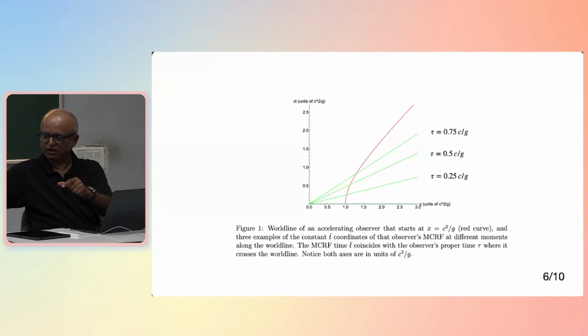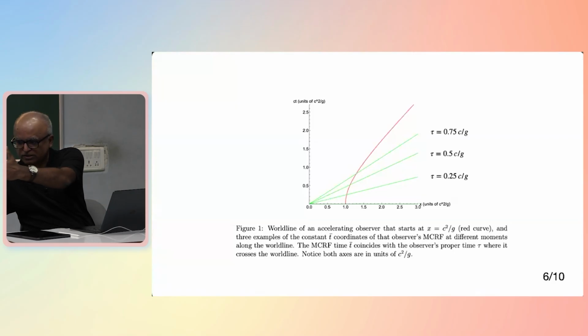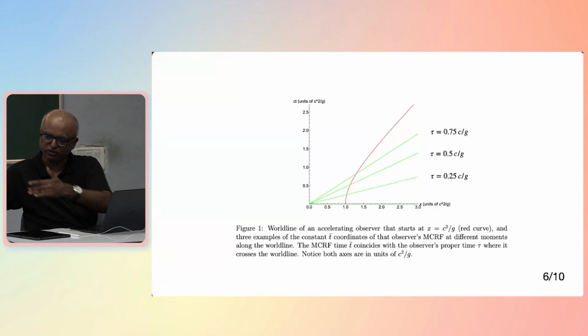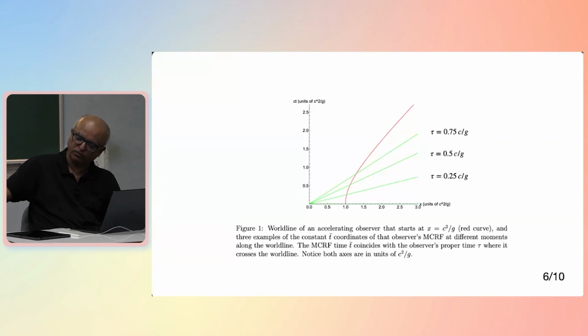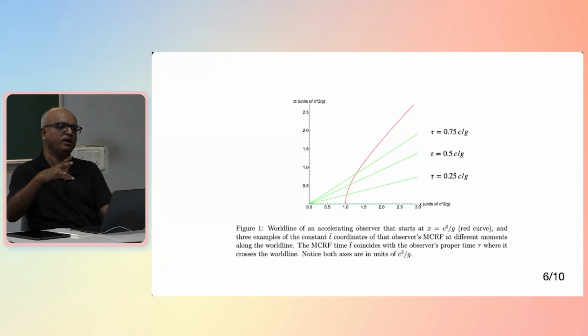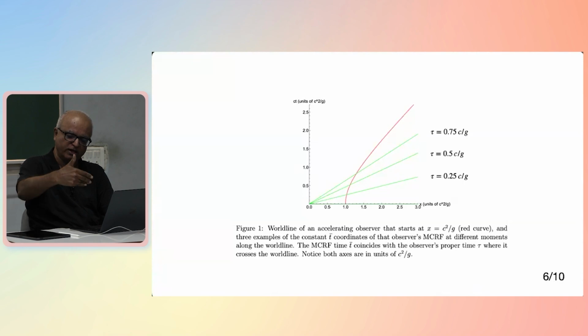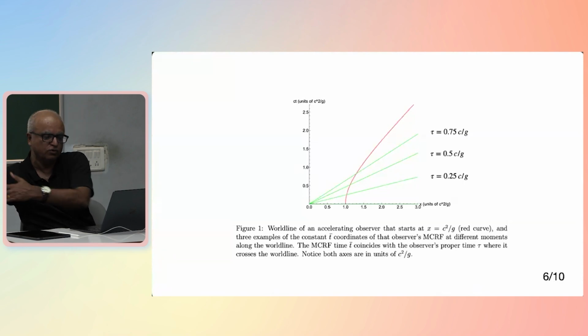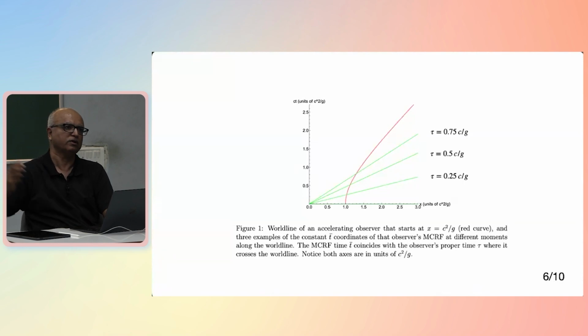But here my speed has become v2, so there will be some other car going at speed v2 with respect to which I will be momentarily at rest. The frame with respect to which I am momentarily at rest is the MCRF, and MCRFs keep changing. When my speed is v1, I have one MCRF. When my speed is v2, I have another MCRF, and so on.